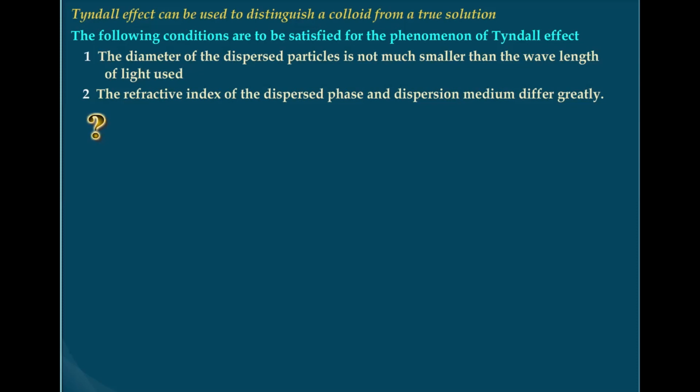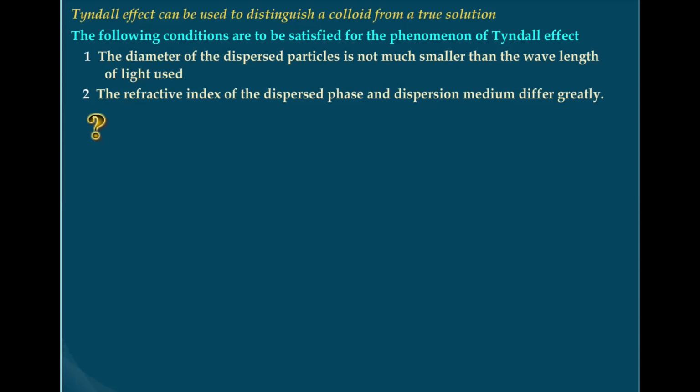The second is that the refractive index of the dispersed phase and dispersion medium will differ greatly. So if these 2 conditions are satisfied, then the Tyndall effect is shown by that substance, which is satisfied in colloids and not satisfied in true solutions.